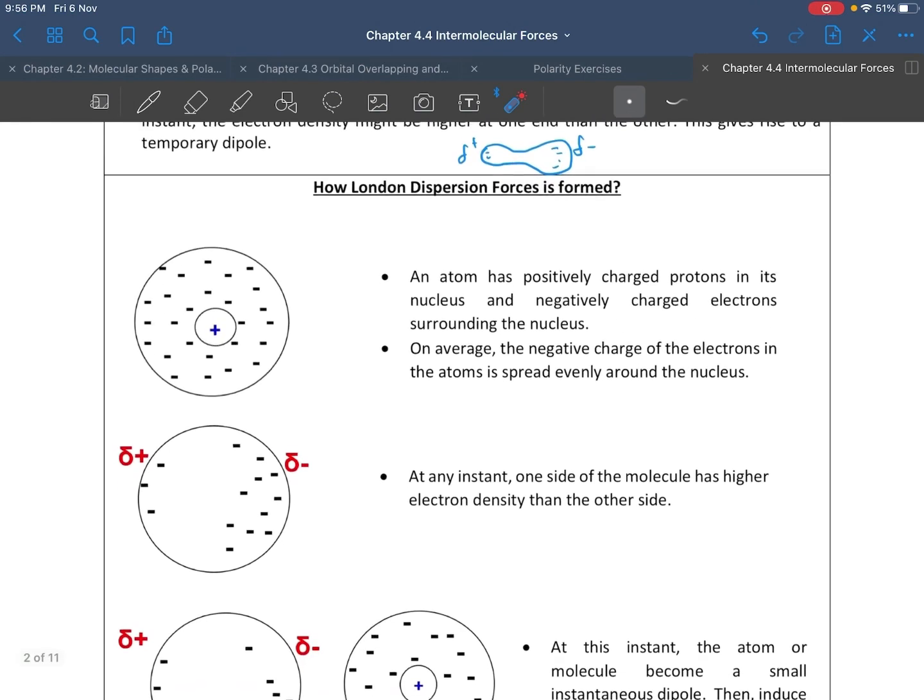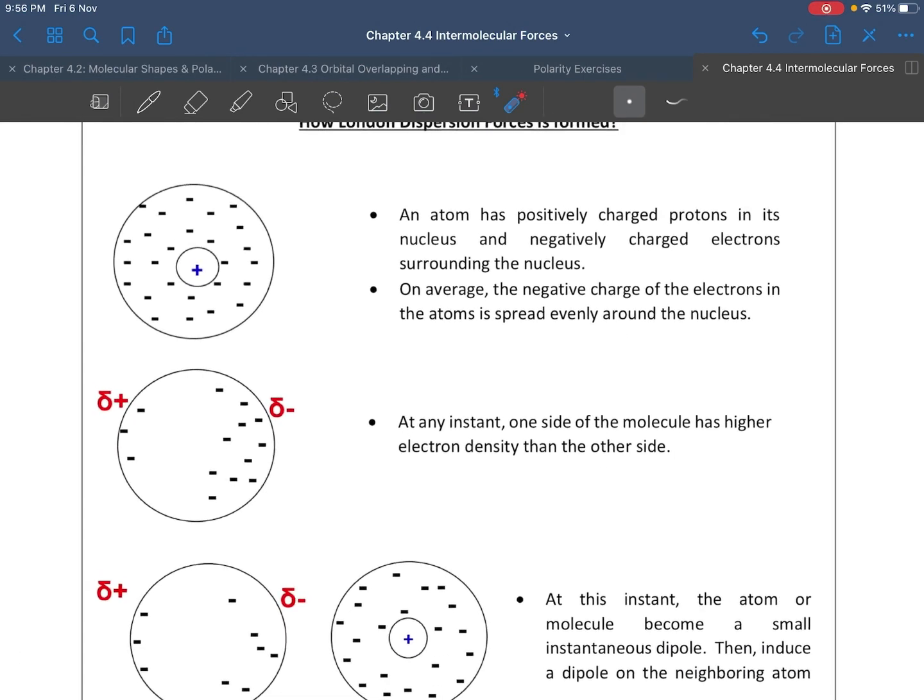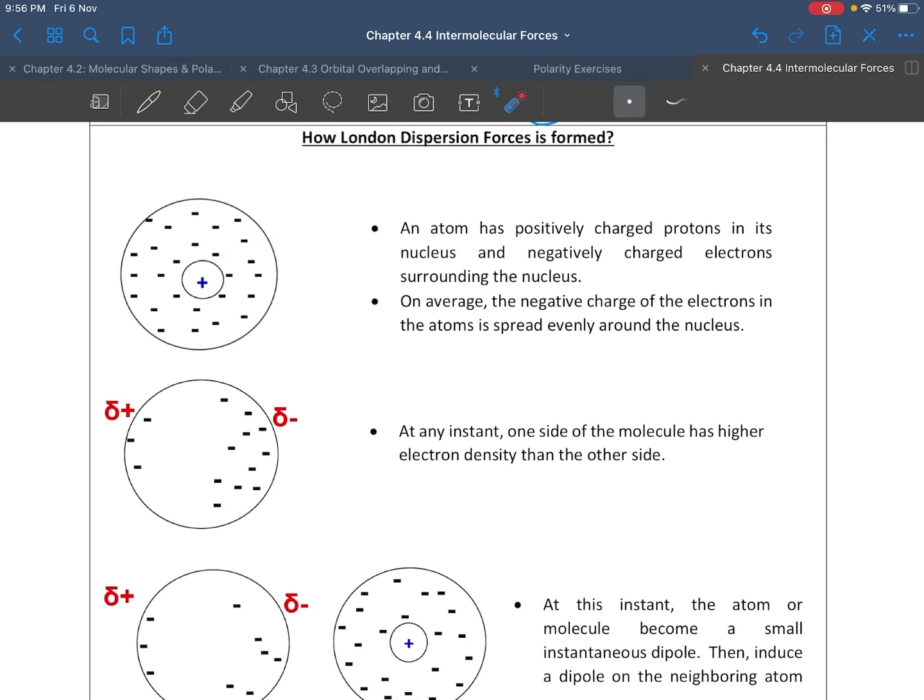Okay, so let us look at this diagram here. Okay, so yang bulat-bulat ni adalah molekul atoms lah. Okay, so sebabnya kamu kena faham dalam satu solution, tak kisahlah solution tu apa pun, dalam ni ada banyak molecules and attraction between molecule tu, itulah yang kita nak discuss hari ni. Okay, about London dispersion forces.